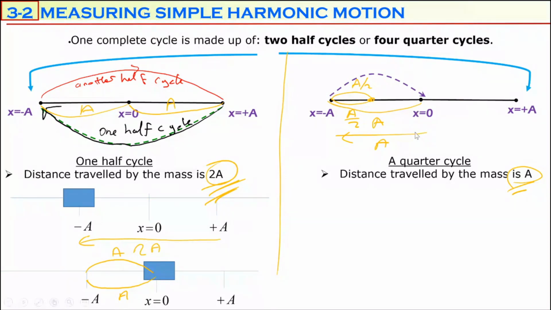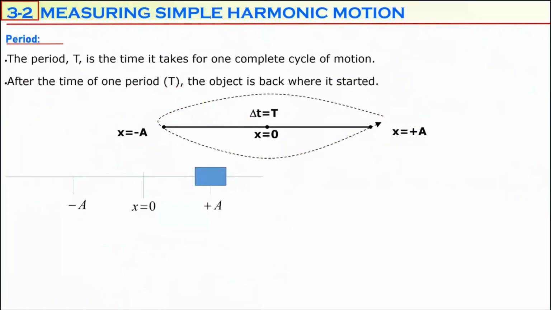And the other term which we are going to study is period. What is period? Period is represented by capital T. It's a kind of time. It is the time it takes for one complete cycle of motion.